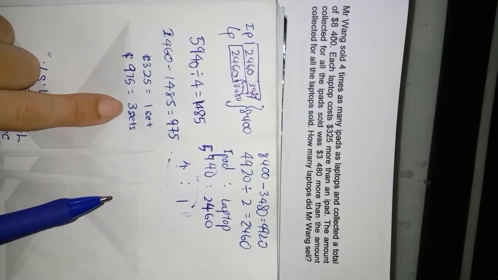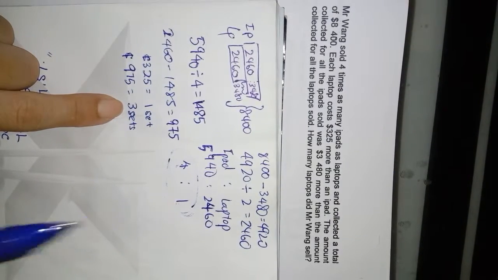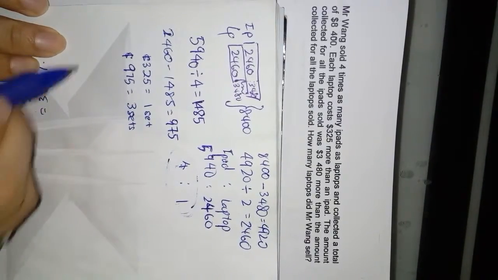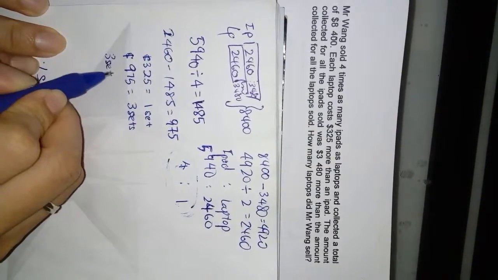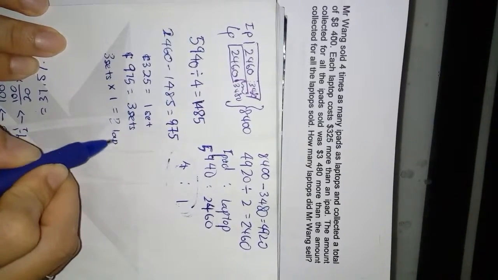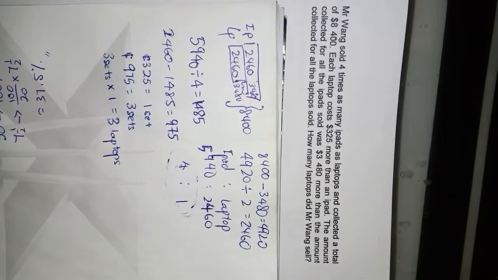So 3 sets will be 12 iPad, 3 laptop. So they only ask for laptop. 1 set is 1, so I have 3 sets of 1. I'll get 3 laptops. Cool?